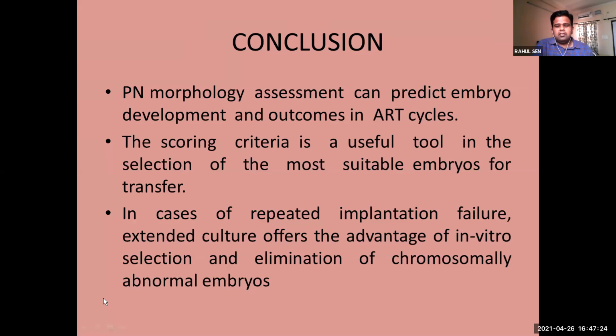It is eventually a sequential way of embryo assessment: on day 1 we need to assess, day 2 we need to assess, day 3, and ultimately the cumulative development or cumulative grading will help us in deciding whether we need to go for blastocyst, or whether we may expect that blastocyst formation can be seen from these embryos.